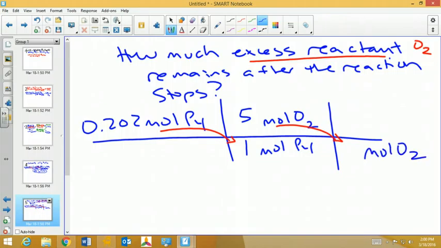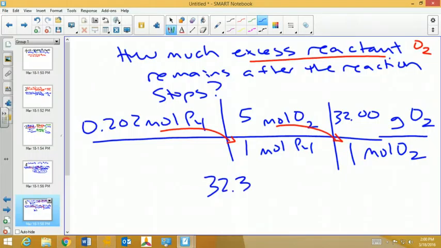Moles of O2 into grams of O2. 1 mole, and the molar mass of oxygen is 16 times 2, so 32.00. I put it in, and I end up with 32.3 grams of O2. This is how much I would use. I used this much, 32.3 grams.